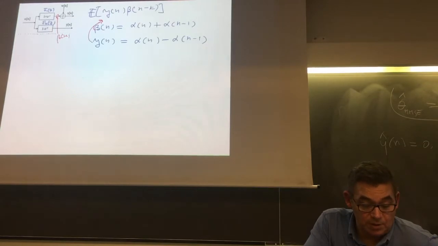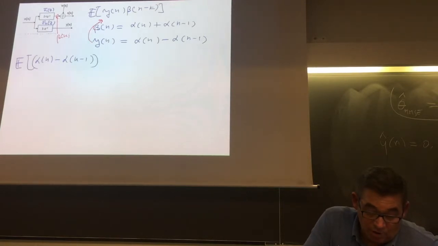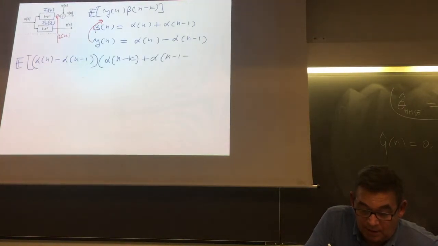So when I put these two terms inside here, I have the expectation of alpha n minus alpha n minus 1, times, since it's beta, alpha n minus k plus alpha n minus 1 minus k.